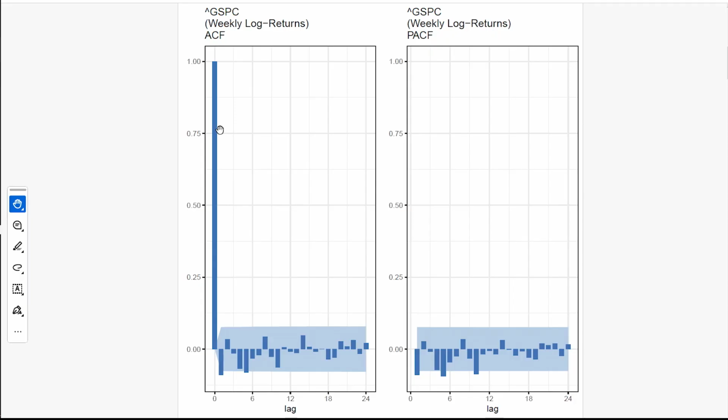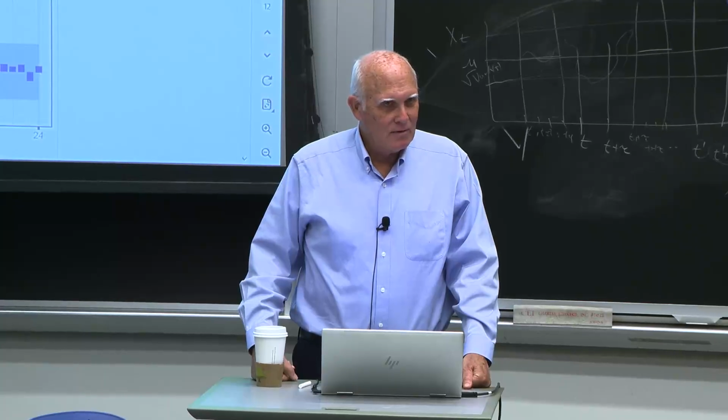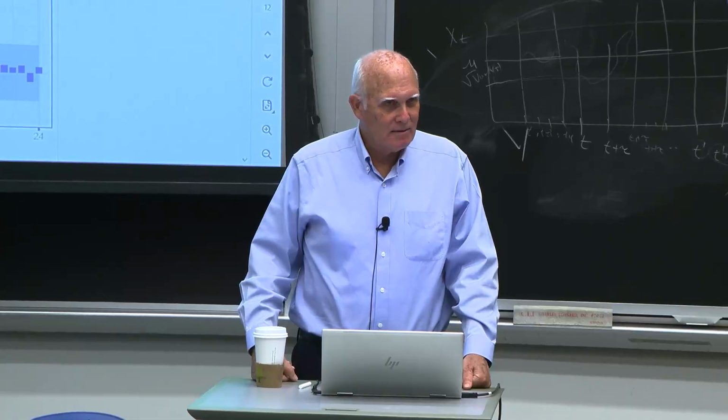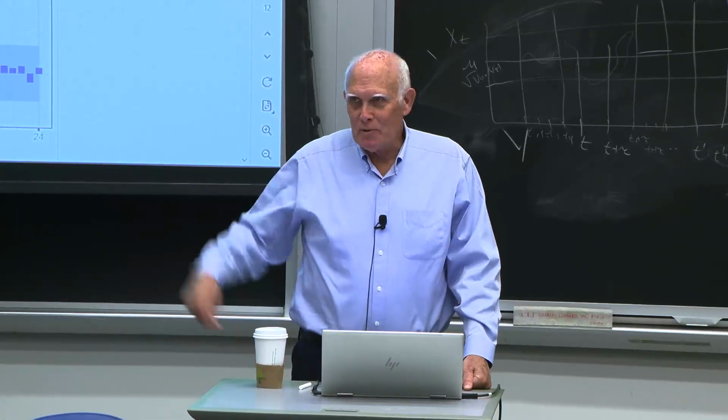What would you say is a property of a time series that has negative autocorrelations, say at lag 5? What does that really mean in terms of what you would expect?